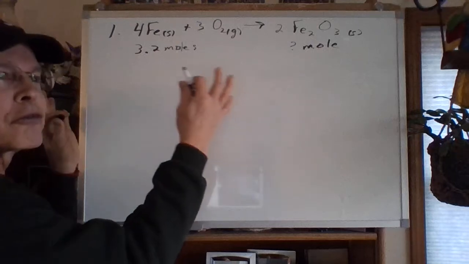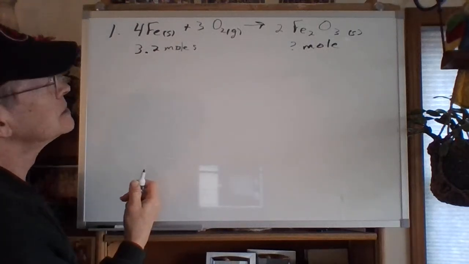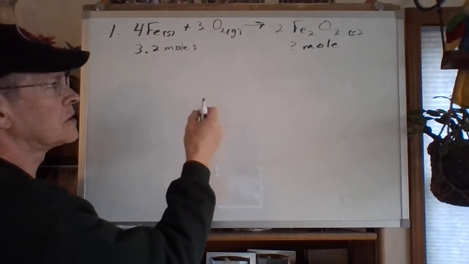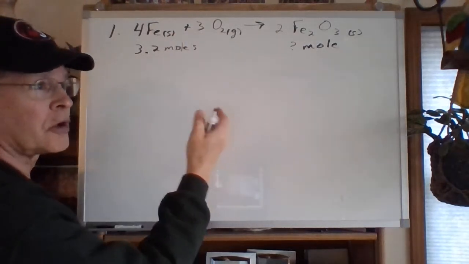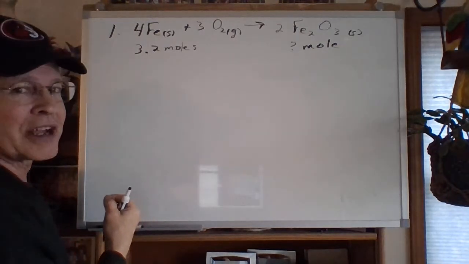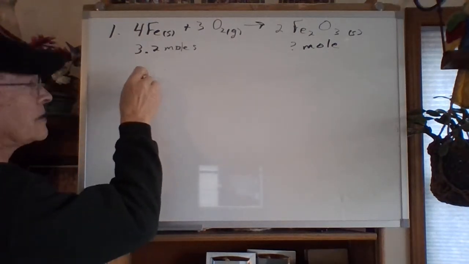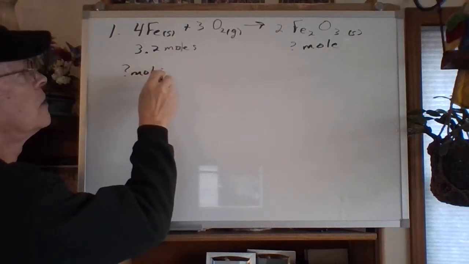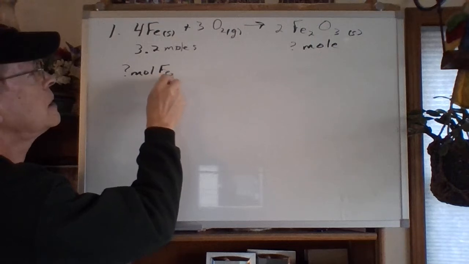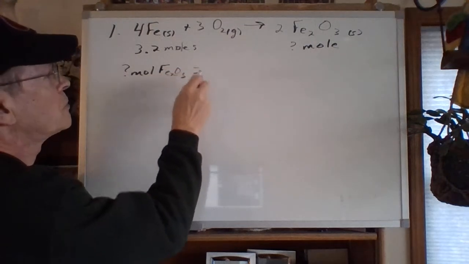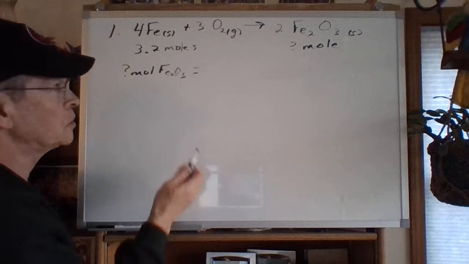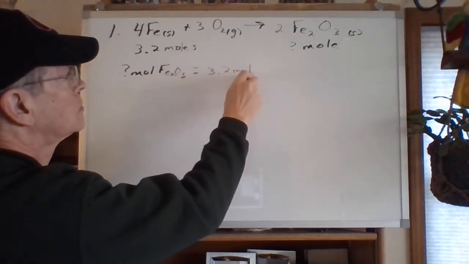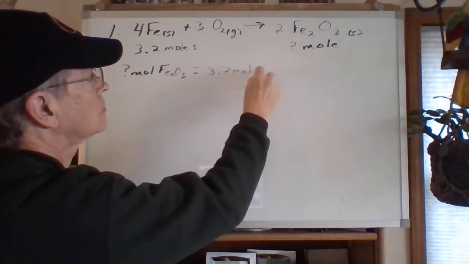Okay, let's do it formally because some of you may not see the mathematics of that and you like a nice, neat, organized system to solve these problems. We call it the factor label method. We ask the right question: how many moles of Fe2O3 will be produced from 3.2 moles of Fe?